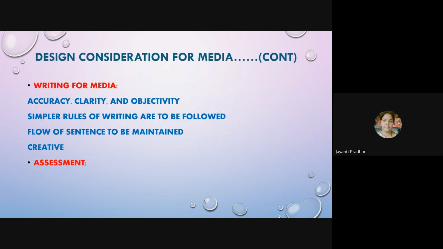Then designing consideration for media. The next part is that now we know about the format, now we are writing for media. When we are writing the script for media, it must be accurate, clear, and based on the objective. Simple rules should be followed for writing, because suppose a broadcast or a television program will be there, we cannot edit that program.